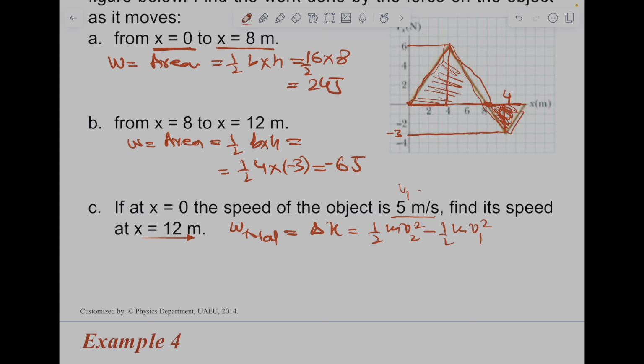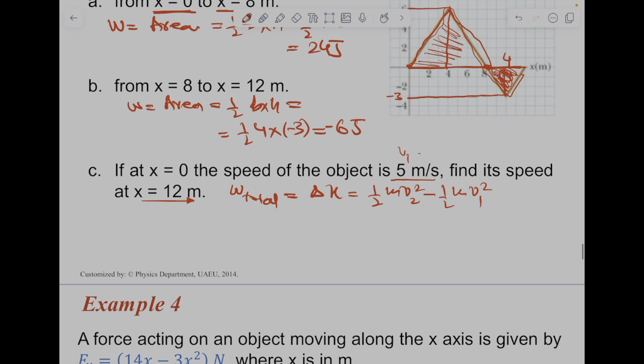This is the total journey, and this is divided into sections, so the work done from 0 to 12 is 1/2 mv2 squared minus 1/2 mv1 squared. Your work done from 0 to 12 is divided into two sections, 0 to 8 plus 8 to 12, and we have calculated that work.